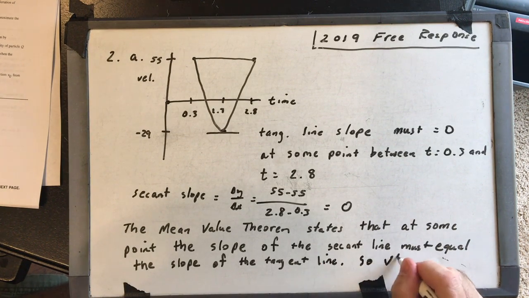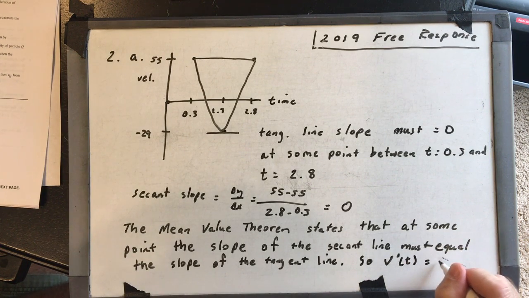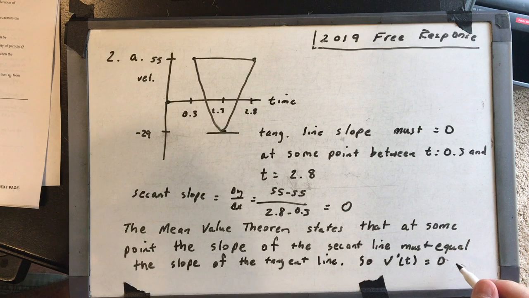So v prime of t is equal to 0, somewhere between 0.3 and 2.8.